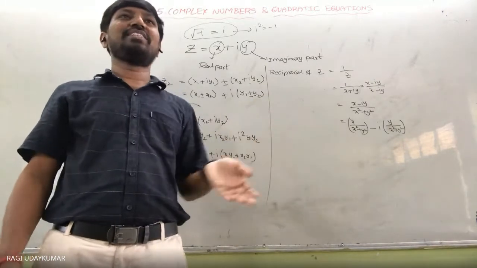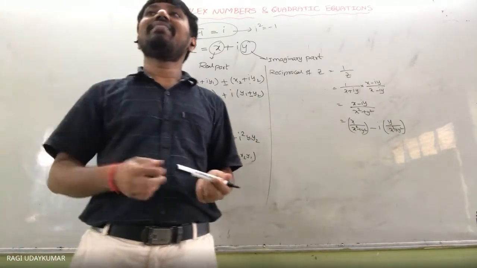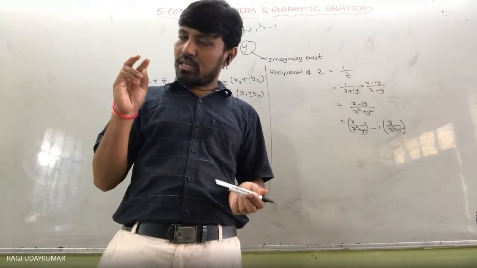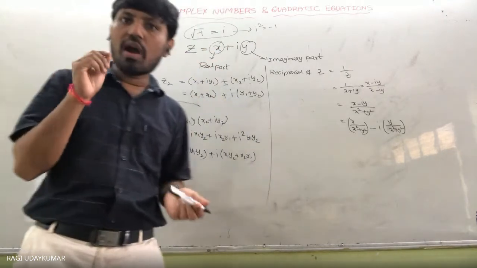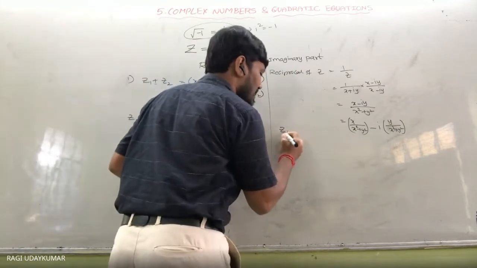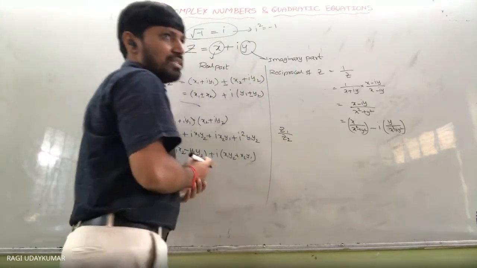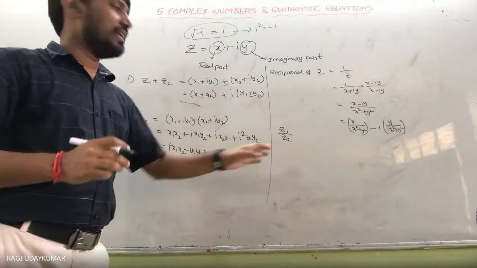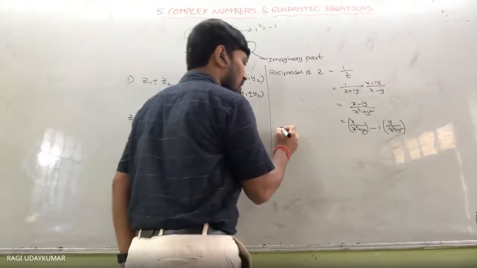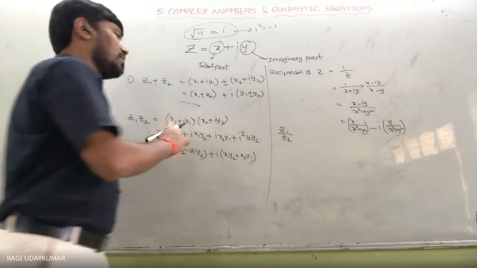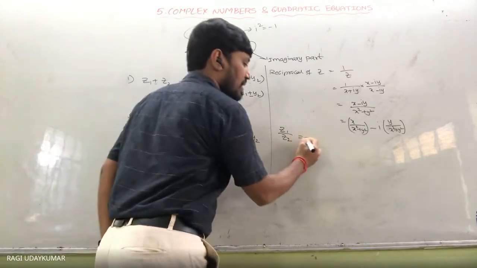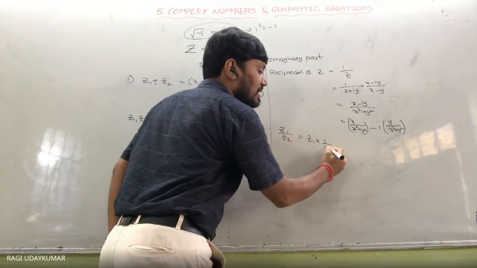Sir, why this one? You need to say the division. Suppose you want to divide two complex numbers, let us consider z1 and z2 are the two complex numbers. We are dividing these two complex numbers. That is nothing but the division of the complex numbers. This is nothing but multiplying with its reciprocal.